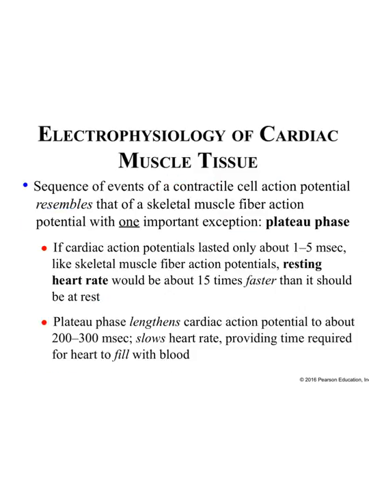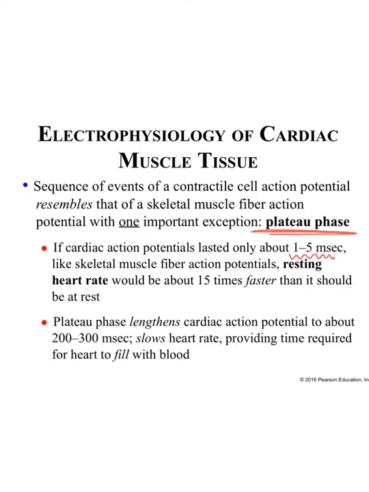So again, the very important thing to point out here is that the plateau phase is very different. We did not have that in skeletal muscle. With cardiac action potentials, if they only lasted about 1 to 5 milliseconds like skeletal muscle, then the resting heart rate would be about 15 times faster than it should be, which is way too fast.